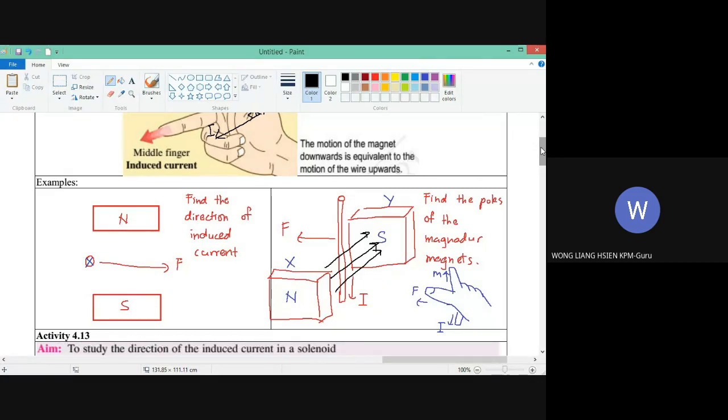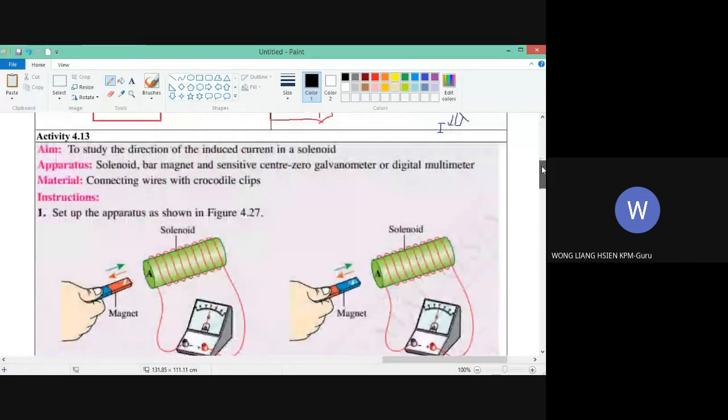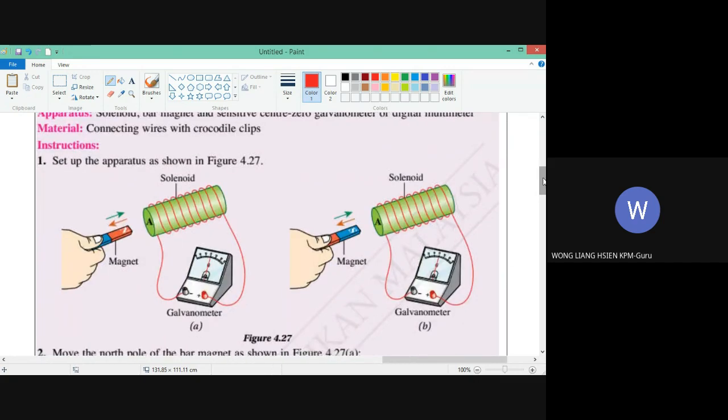What we learned is the straight wire, the wire that is straight. Next is you want to find out the direction of induced current in a solenoid. We use the same concept. What is the same concept?